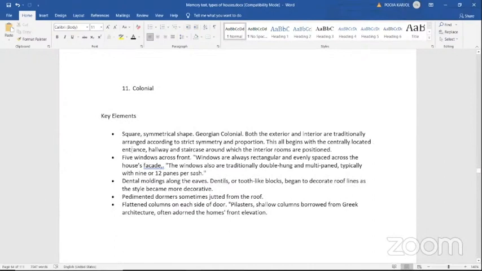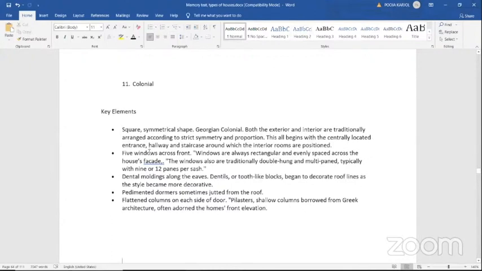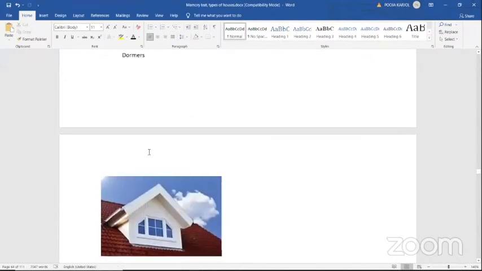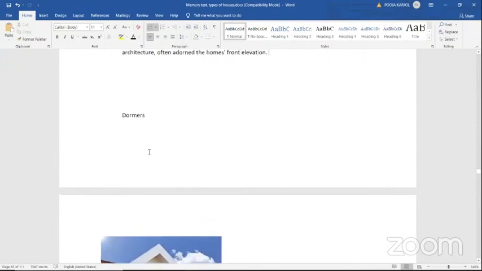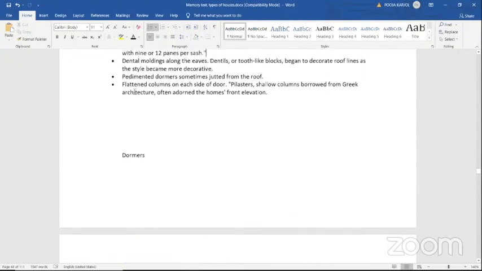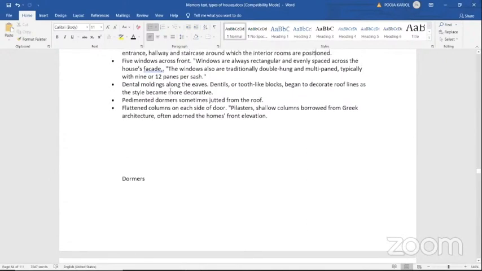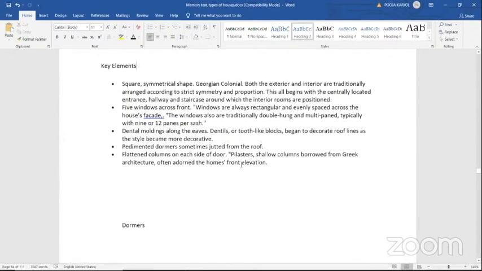This all begins with a centrally located entrance. Entrance always in the center. Most of them, as you can see, they're all in the center. Flattened columns, this is an important part for this one. Pilasters, shallow columns borrowed from Greek architecture. They often adorn the home's front elevation.